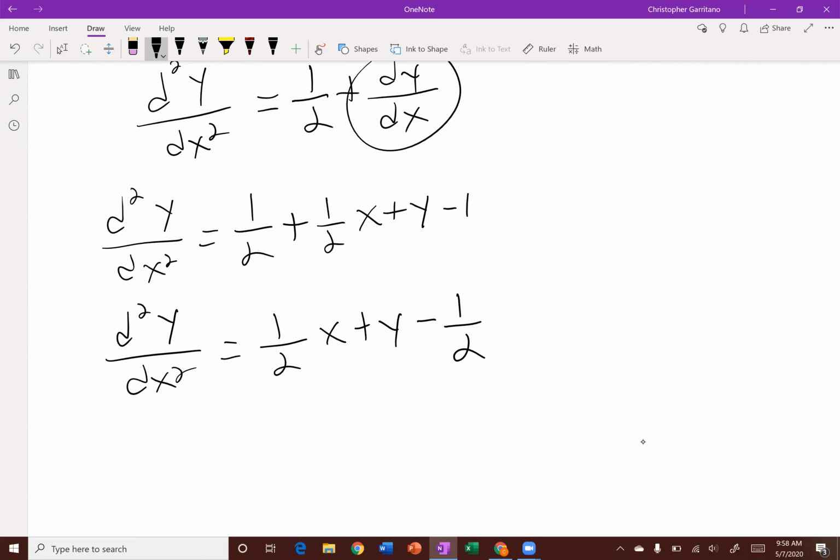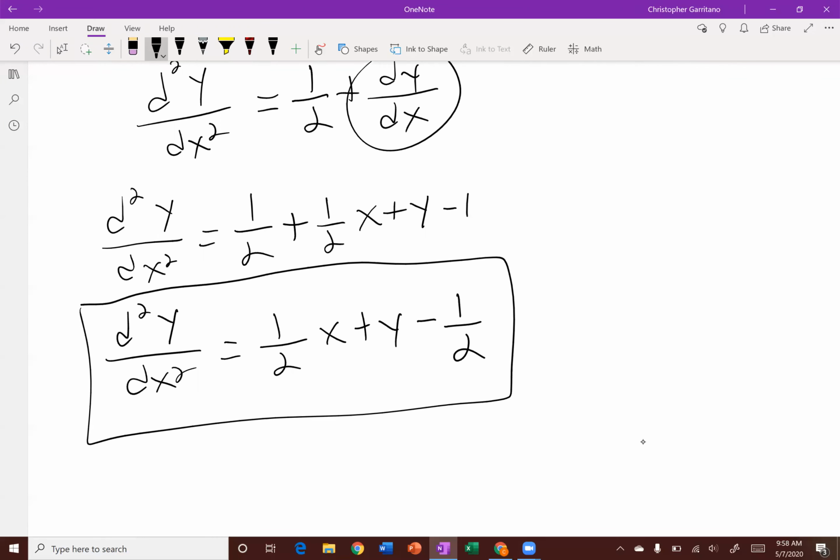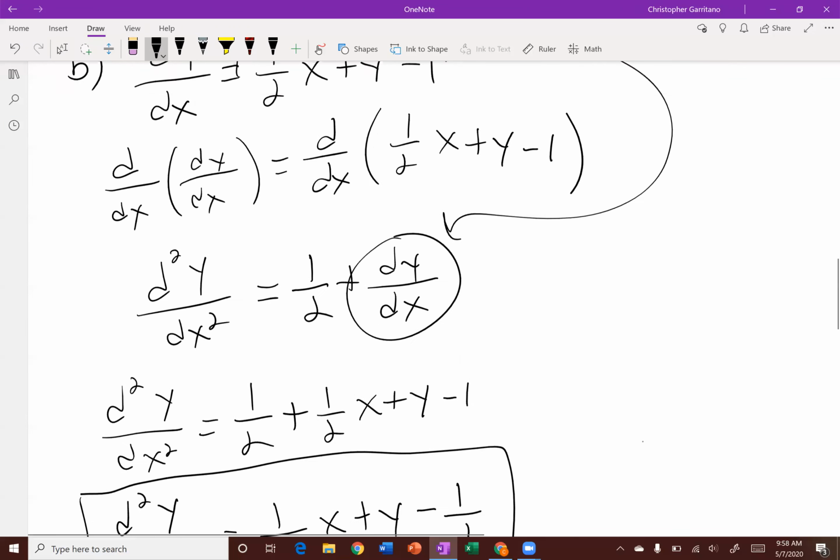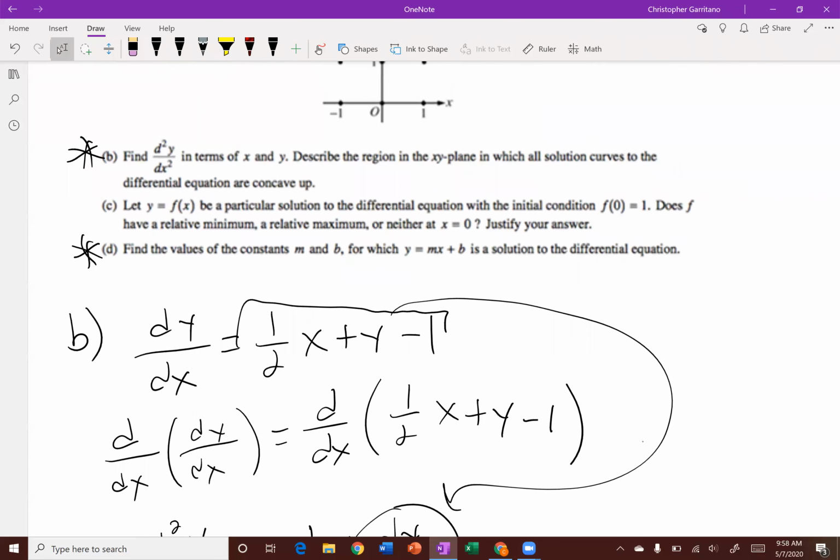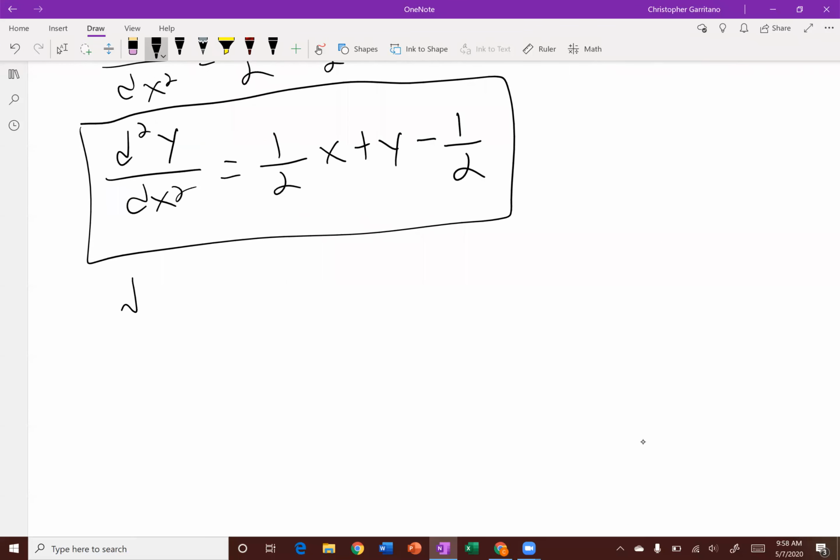Now, we're not done yet with part B. Part B goes on to say, so we found the second derivative, check. Describe the region in the xy plane in which all solution curves to the differential equation are concave up. Concave up means we need to find when d squared y over dx squared is greater than 0. That's when the solution curves will be concave up.